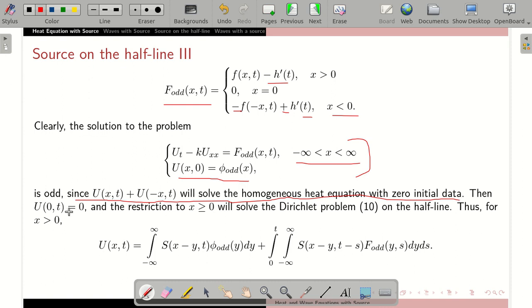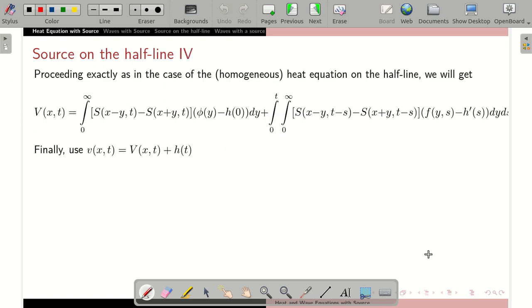Then u0t is 0, and the restriction for x positive will follow the original problem. So solution is given by the previous formula with phi odd, and here you replace t with t minus s, f odd ys dy ds. Now restrict this solution on half line, just 0 to infinity, s x minus y.